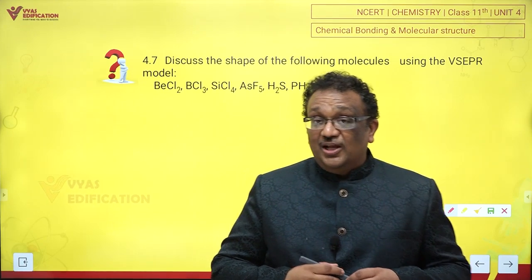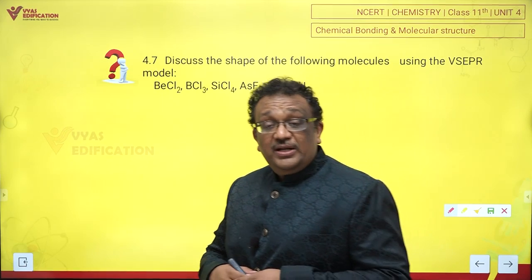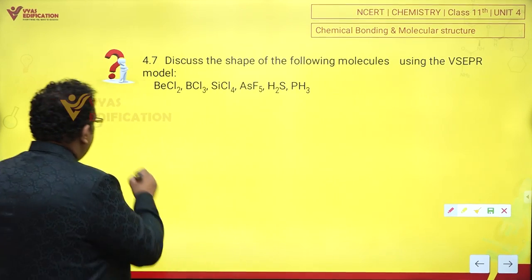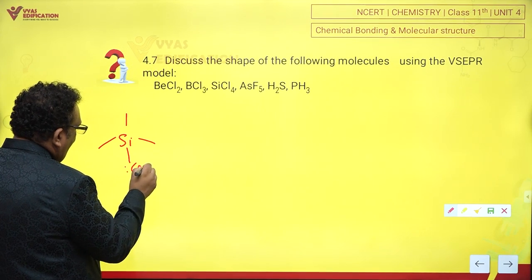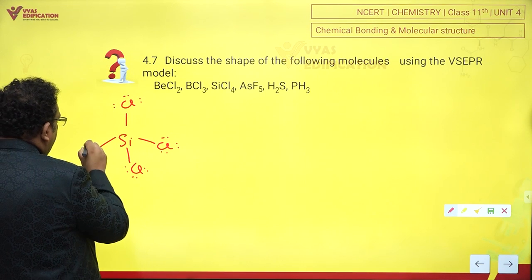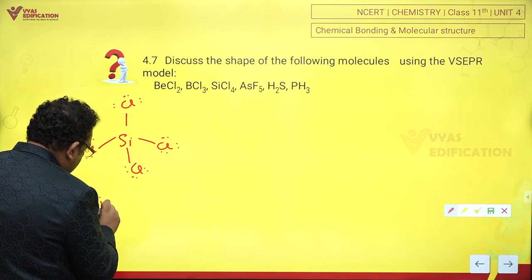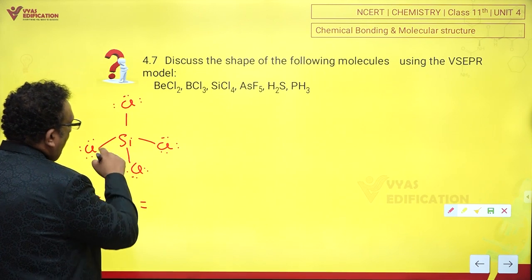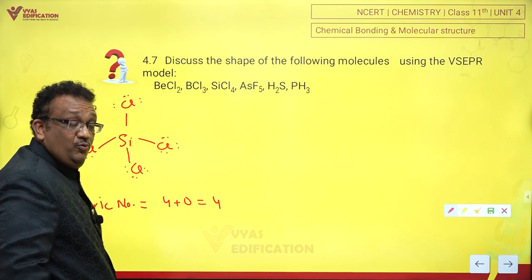Very quickly, let's take a look at the remaining ones also systematically. The next one is SiCl4. If I draw the Lewis dot structure of SiCl4, I'll draw it all very systematically before you. Steric number will be equal to 1, 2, 3, 4: 4 sigma bonds plus 0, which is 4.